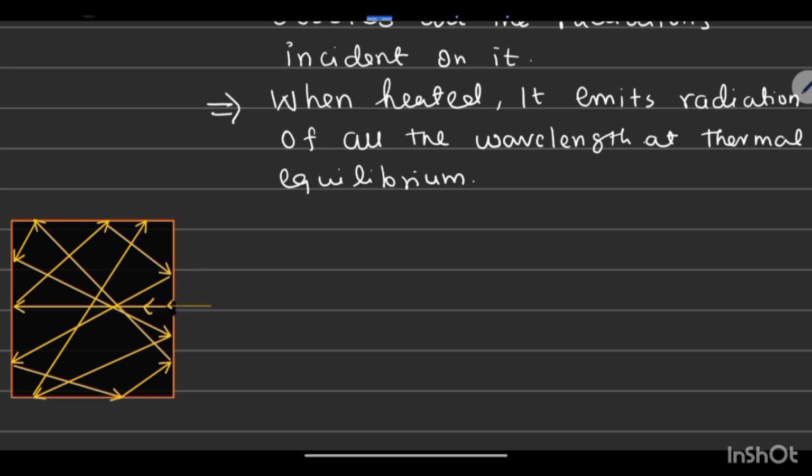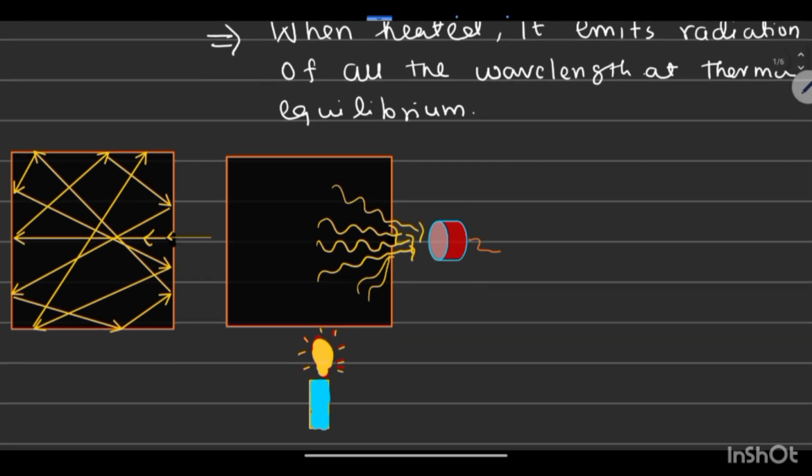Next, if you heat this hollow cavity, radiation of all wavelengths will be observed, so that the spectral intensity distribution one can obtain using a spectrometer. The spectrometer will give the intensity at, let's say, lambda.